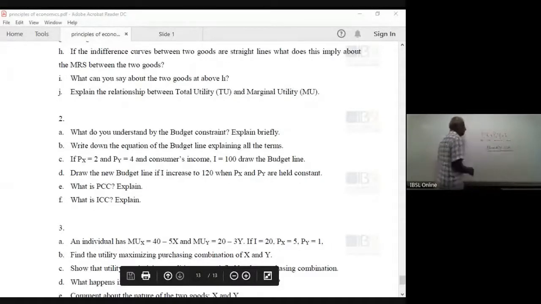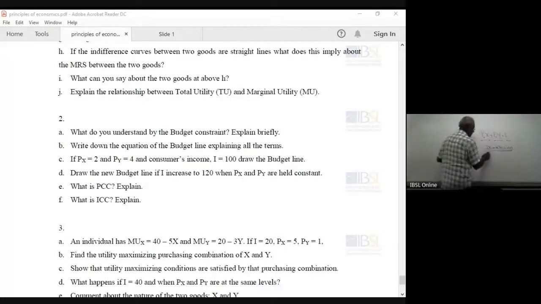That is the equation of the budget line. 2x plus 4y equals 100.